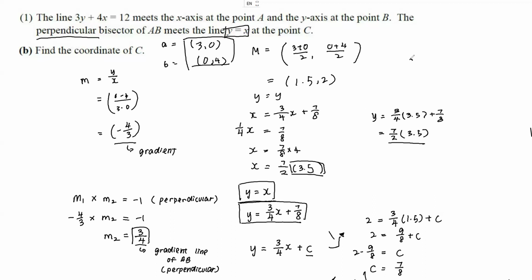So the coordinates for C will be (3.5, 3.5). And that is B, which is a bit messy.